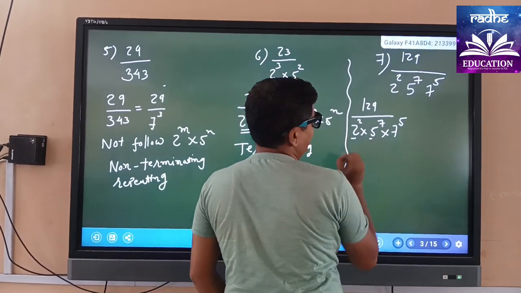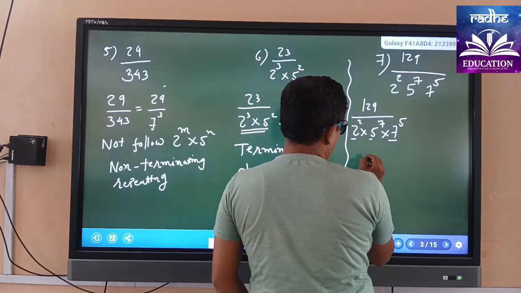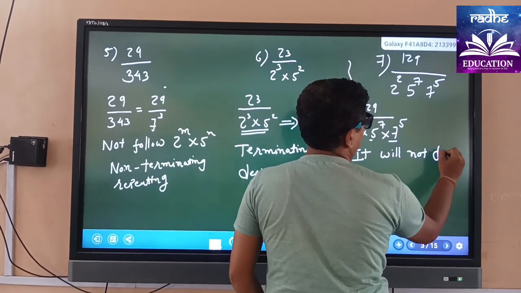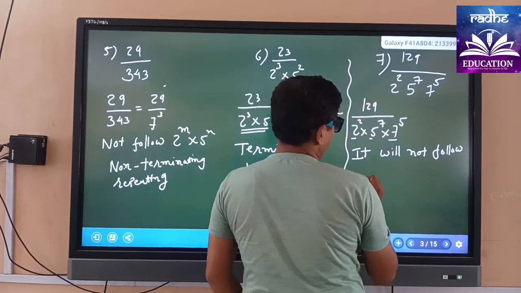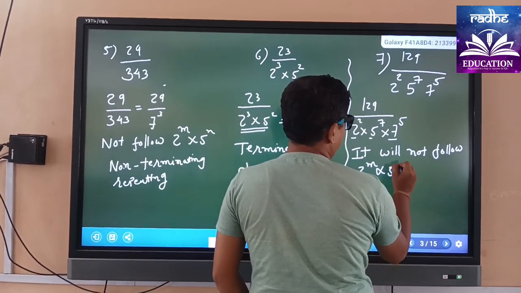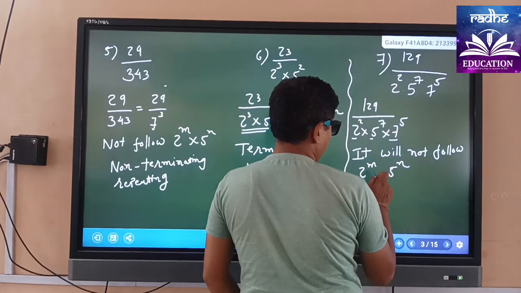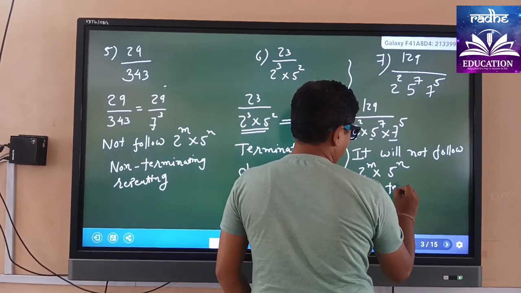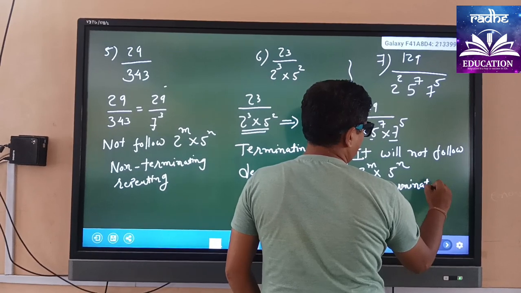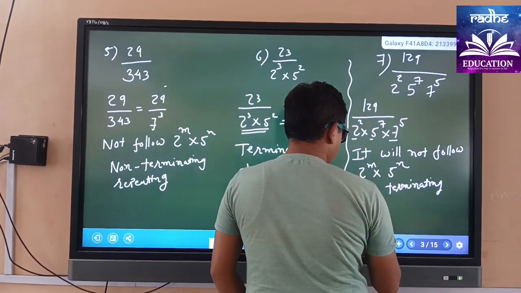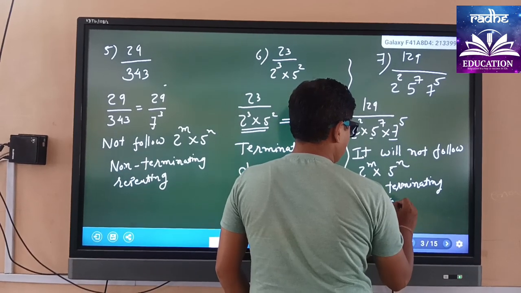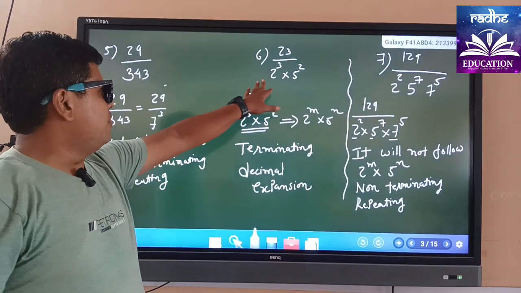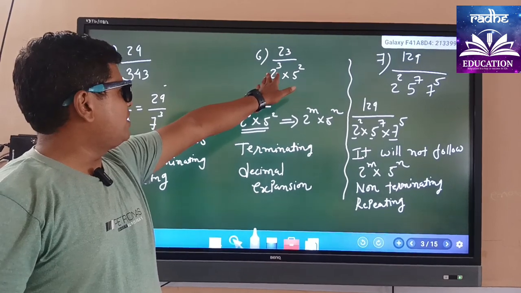Till here it is okay, 2 and 5 are present, but because of this 7, the denominator will not follow 2 raised to m into 5 raised to n, and because of this reason it is a non-terminating repeating decimal expansion.